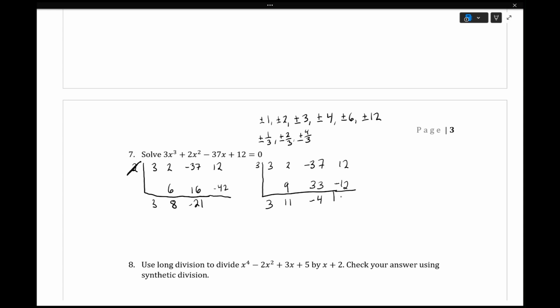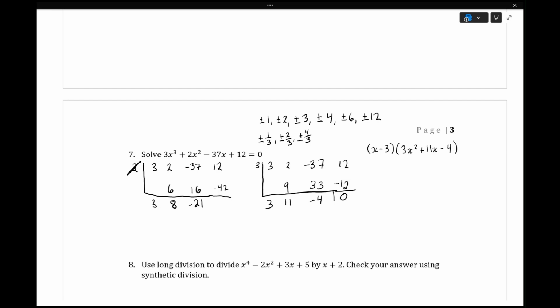And I get a 0. So this tells us if I run 3 through this left-hand side, I'll get 0. And even more than that, this tells us that this polynomial factors into x minus 3, the factor that goes with a 0 of 3, times 3x squared plus 11x minus 4, the part that's down there on the bottom.